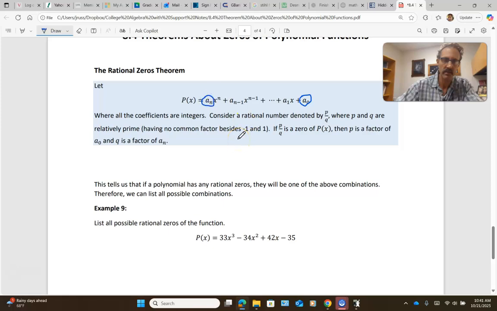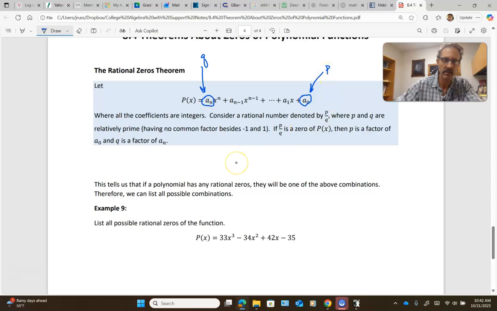So in other words, p is going to be a factor of your constant, and q is going to be a factor of your leading coefficient. And what this tells us is that if our polynomial has any zeros that are rational numbers, then we can figure out what those candidates are going to be. And then we can check them.